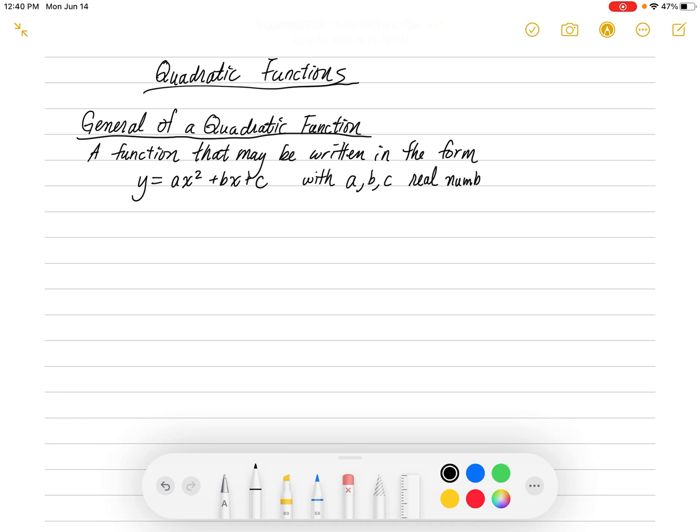So a, b, and c are real numbers. They could be fractions, decimals, whole numbers, negative numbers. With a not zero. A is not allowed to be 0. Possibly b and c could be 0, but a is not allowed to be 0. So you have to have a square term as your largest power term to be a quadratic.